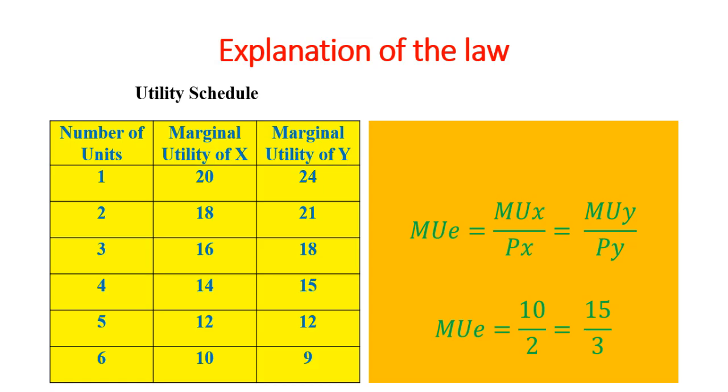He will buy 4 quantities of Y commodity. The marginal utility of the 4th quantity is 15 and the price is 3 rupees. Therefore, 15 divided by 3 equals 5. Therefore, the marginal utility of expenditure on X commodity, 5, is equal to the marginal utility of money on Y commodity, which is equal to 5.